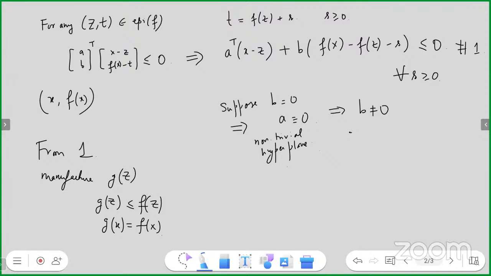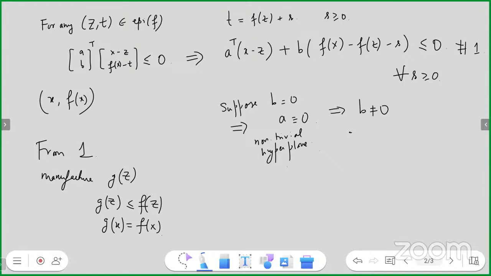What would be the obvious guess for satisfying the first property? What will be your definition of g of z? What quantity is less than or equal to f of z from equation number 1?